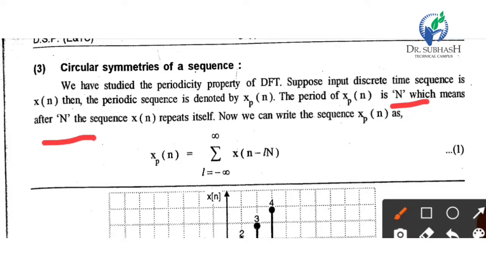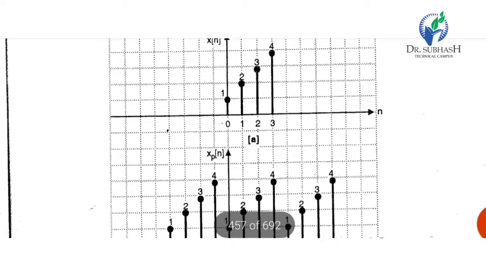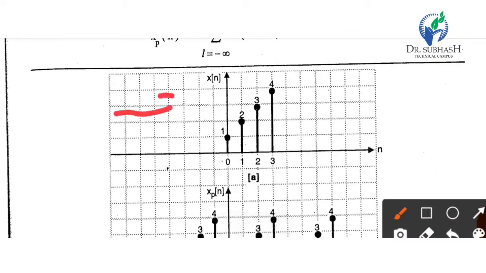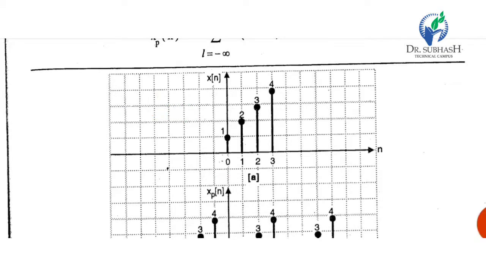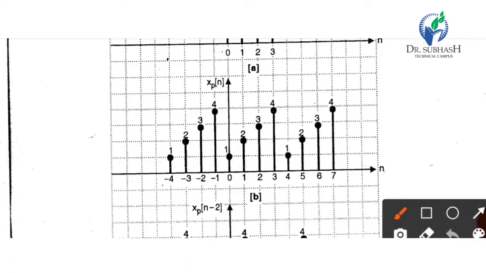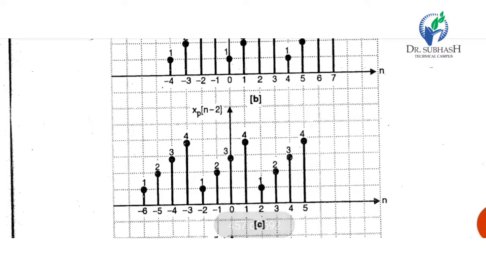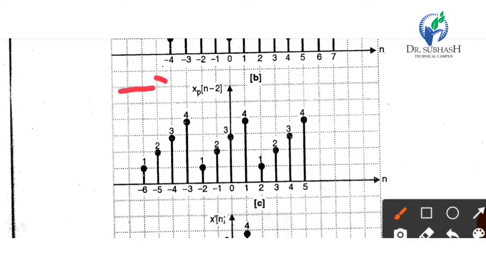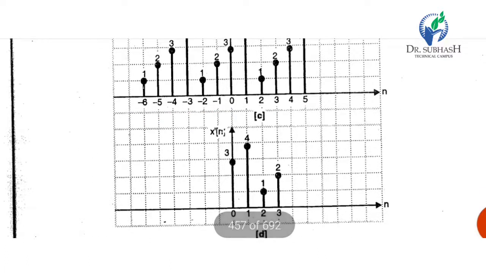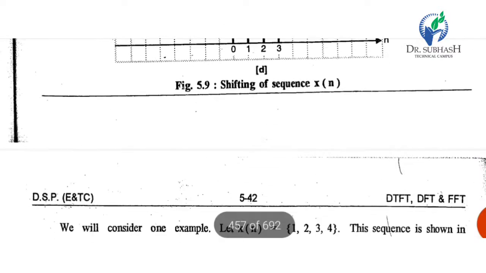Now we can write the sequence x p of n as the summation over L equal to minus infinity to infinity of x of n minus L multiplied by N. So here, after the sequence repeats every 4 samples, it is periodic. Whenever we delay x p of n by 2, all the signal is delayed by 2. So the shifting of a sequence is also periodic.